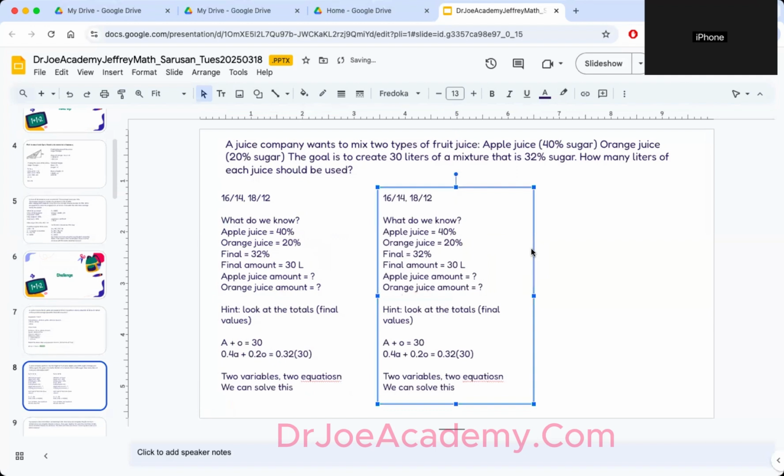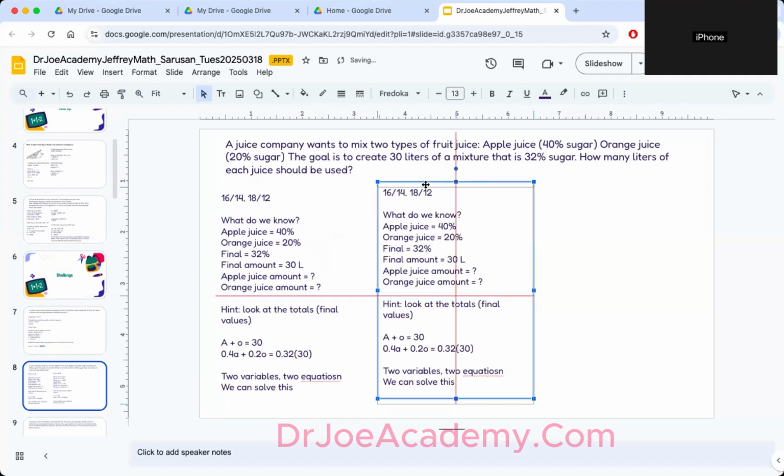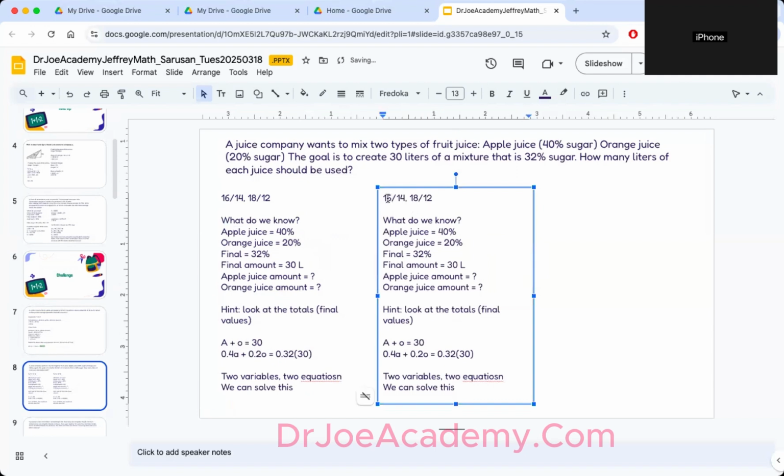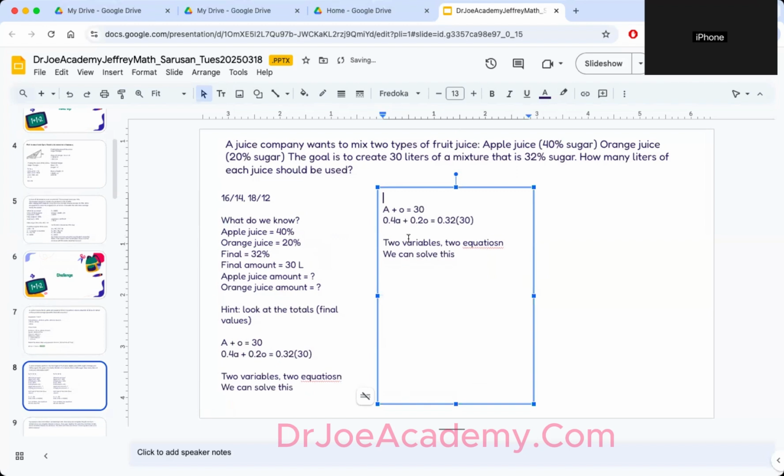Yeah, because it's going to be very hard to. Doesn't it just mean 0.32 times 30? Yeah, so that is the right side of the equation. So should I do it? Yeah, sure. You can do that.